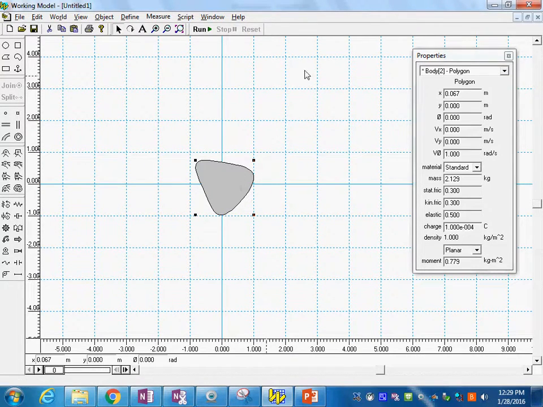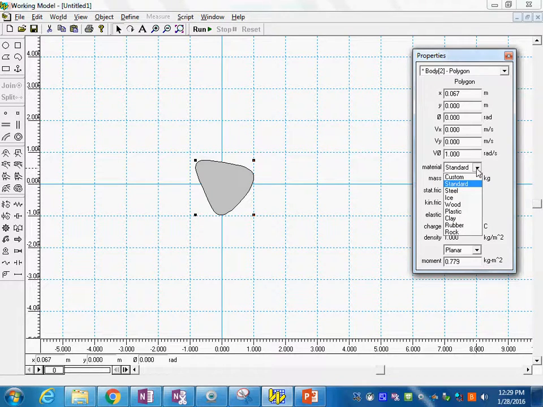So in here you see the mass. Let's look at every single thing in here, because you're going to be faced with all this. See here, you can build the bodies out of different materials.